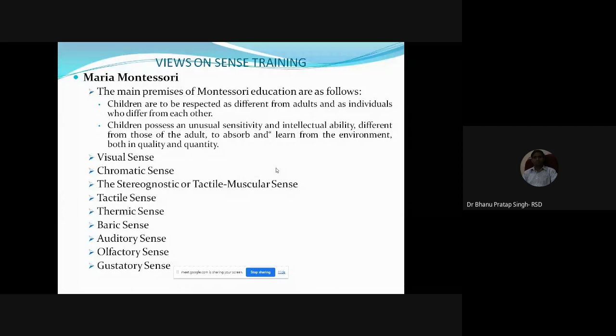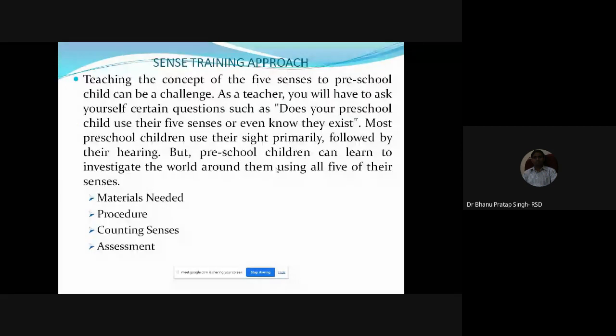What are the 5 senses? Forget or remember? The five senses are ears, eyes, nose, skin.